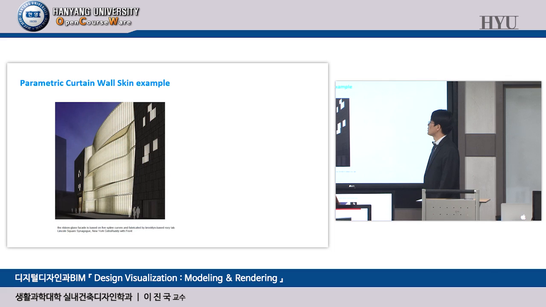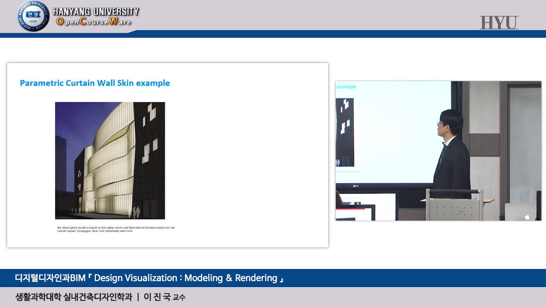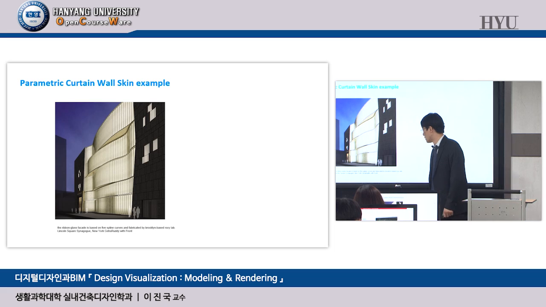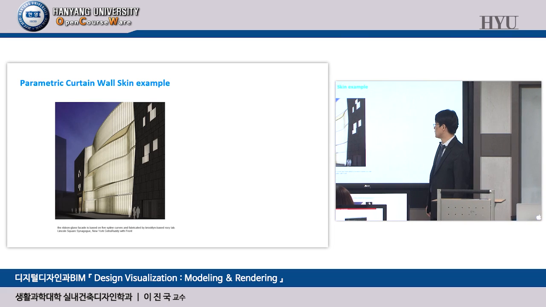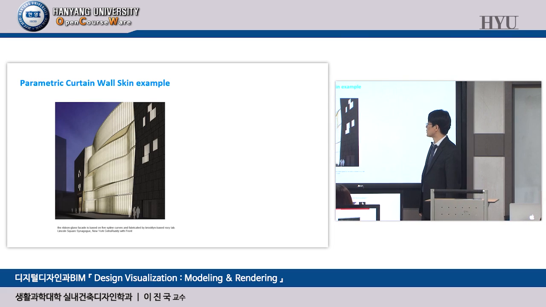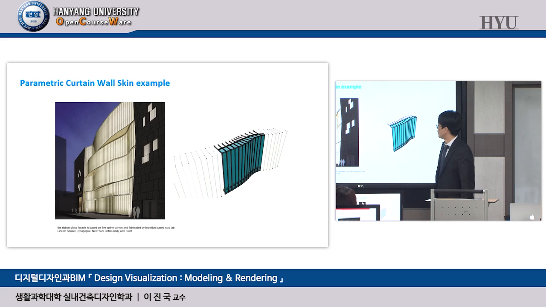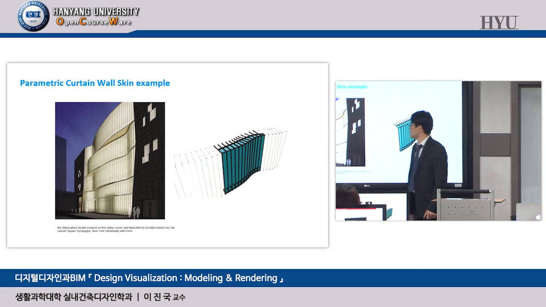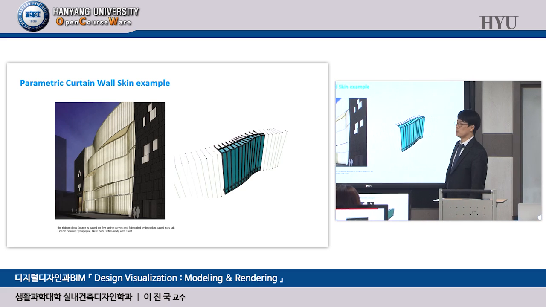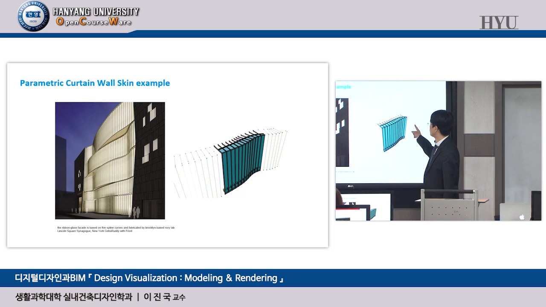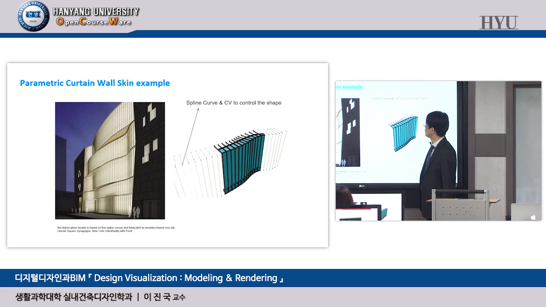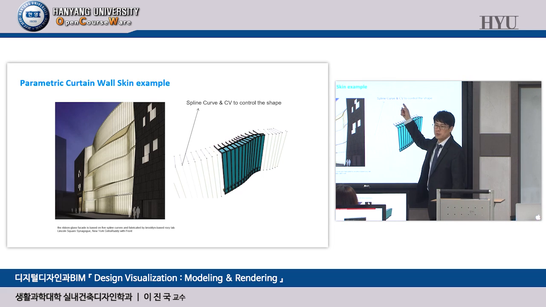Let's take a look at another example, another parametric design example represented by Front Incorporated, the US. Let's take a look at this ribbon-like geometric surface shape for a building facade. Take a look. There are a number of CVs. CV here means control vertices, okay?